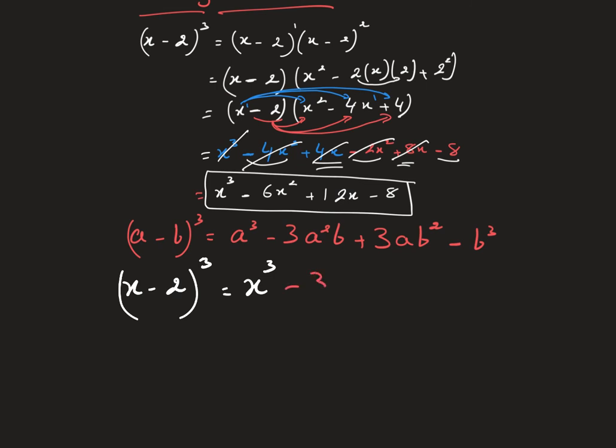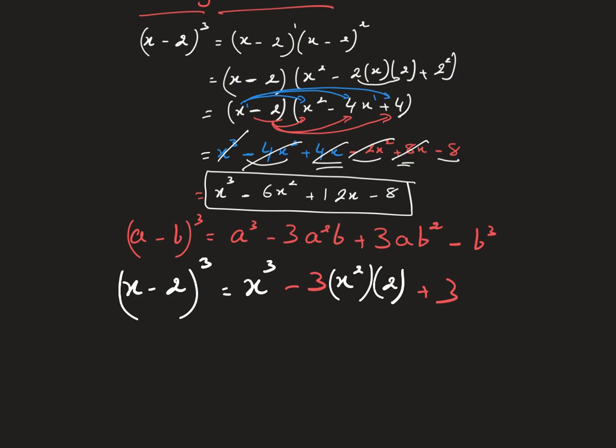Minus 3. Remember, 3 is from the formula here. So minus 3x to the second, right, times 2, which is b, right, plus 3 times a, which is x, in our case here.